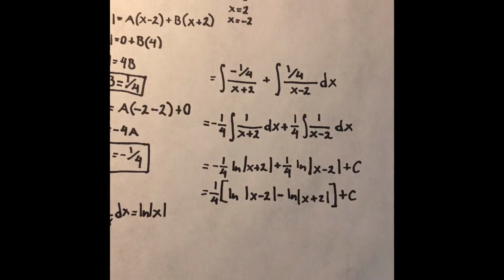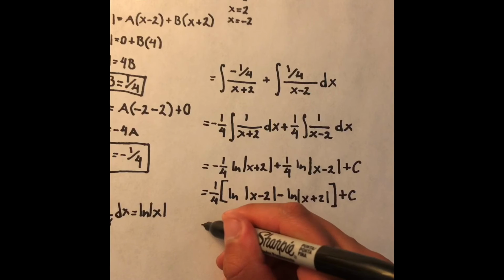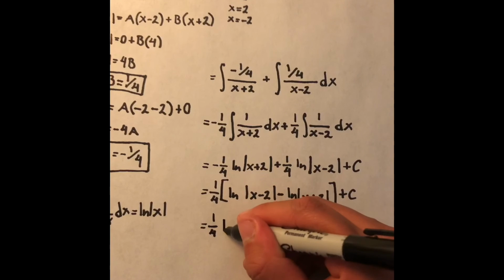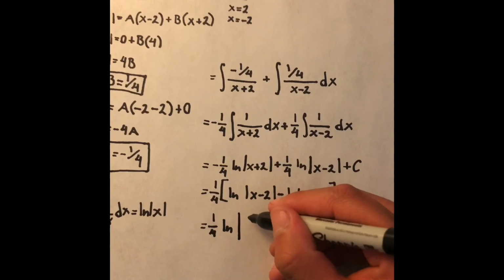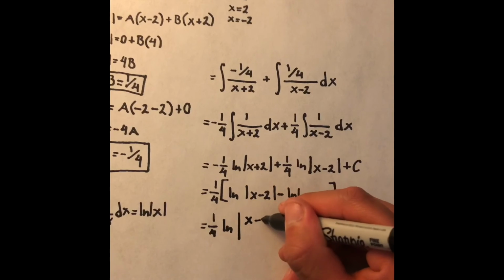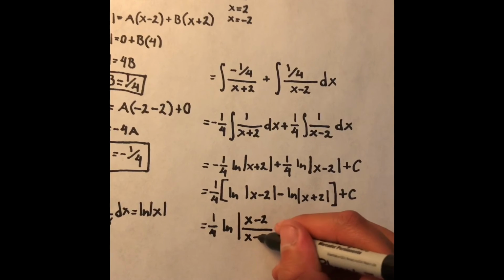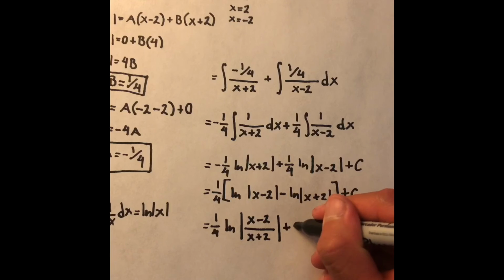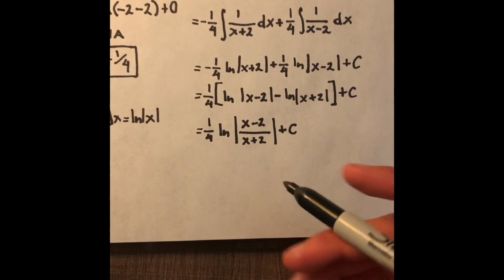Taking into account this property, we can rewrite this expression as 1 over 4 ln of the absolute value of x minus 2 over x plus 2, plus the constant. So this is going to be our final answer.